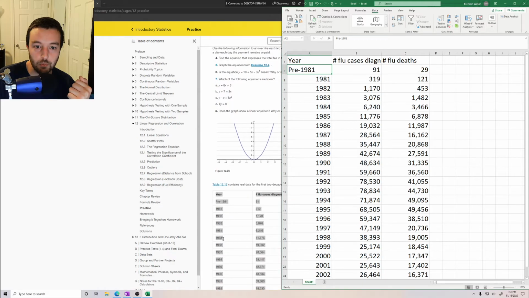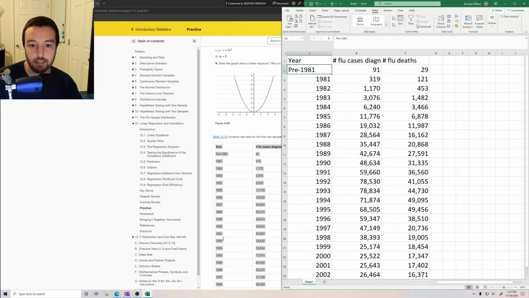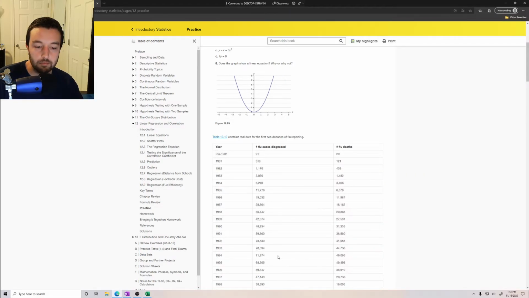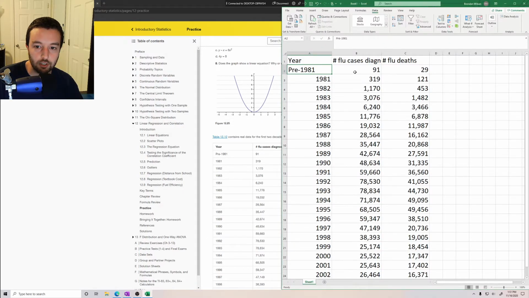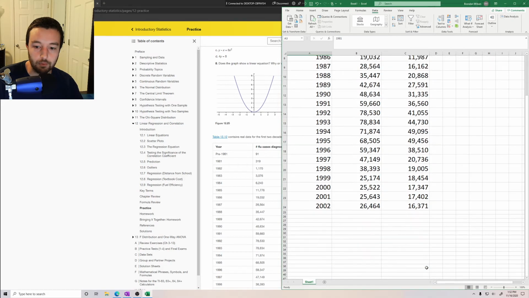That's probably the best way to do it. You can't exactly change it to 1980 because then it's not accurate, right? This isn't just 1980, it's all the years before 1981. Okay. So we'll probably just ignore this first row and just look at 1981 onwards.